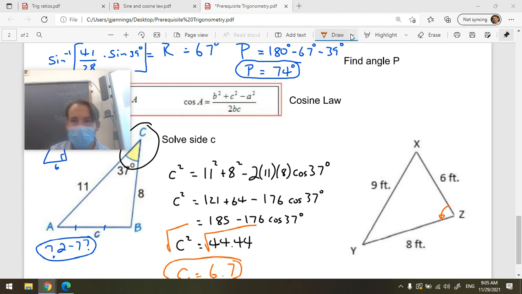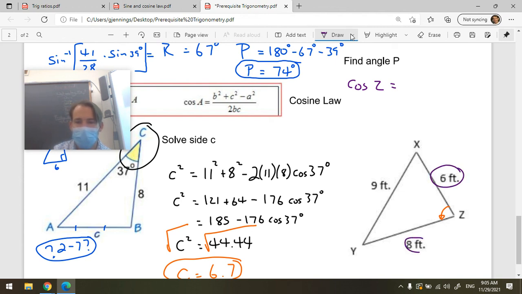So here, let's set it up this way, where we're going to say cosine of z is equal to b squared plus c squared minus this squared. So this is our b, this is our a in the problem, and this is our c.